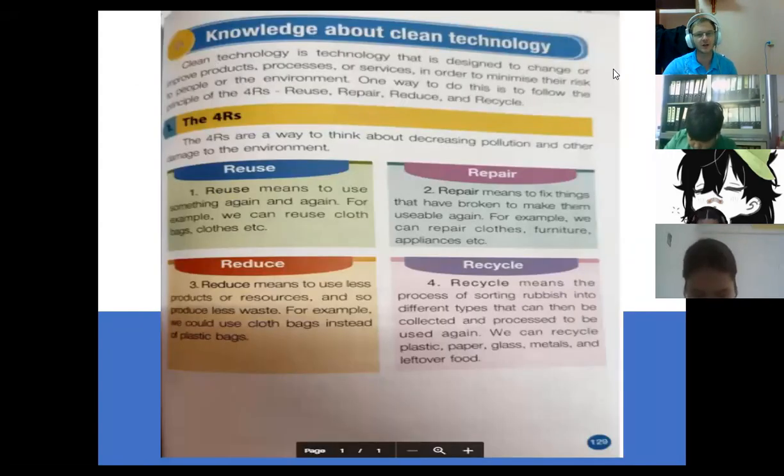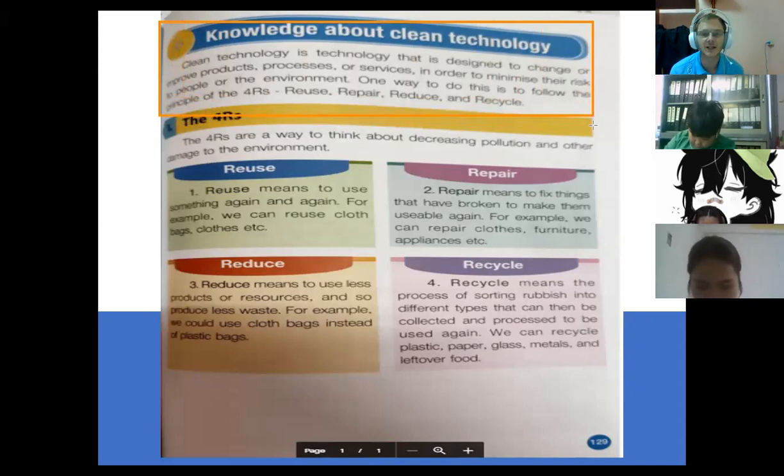So we're going to look at the knowledge about clean technology and how we can help the planet with clean technology. Let's first have a look at what clean technology is. Clean technology is technology that is designed to change or improve products, processes, or services in order to minimize the risk to people or the environment.